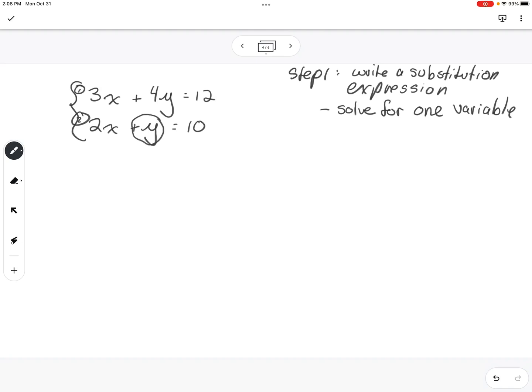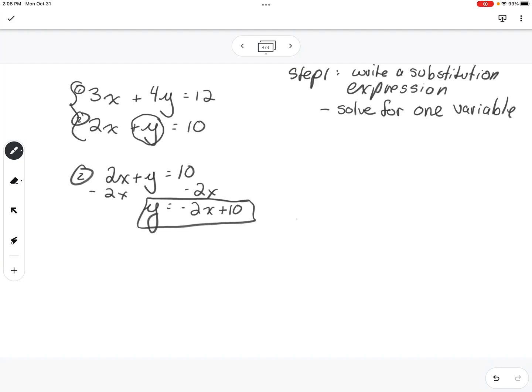So I'm going to just rewrite equation 2 and solve for y. So I'm working with equation 2, and 2x plus y equals 10. To isolate the y, I just need to subtract 2x from both sides of the equation, and I get y equals negative 2x plus 10.